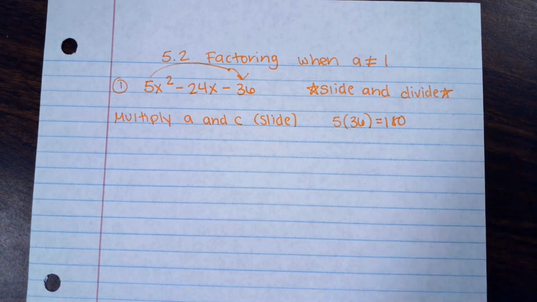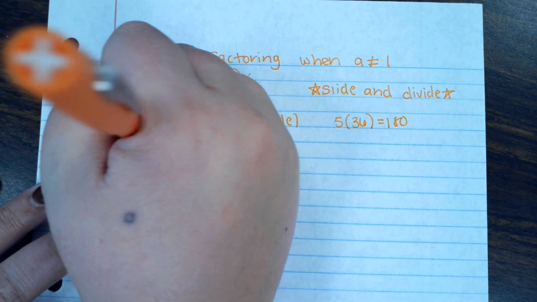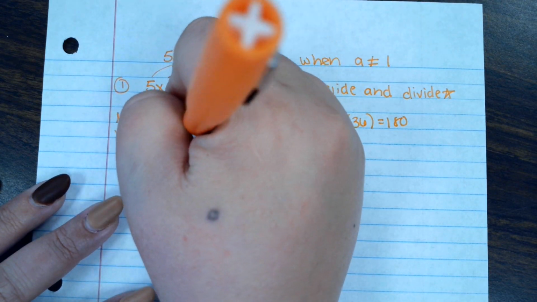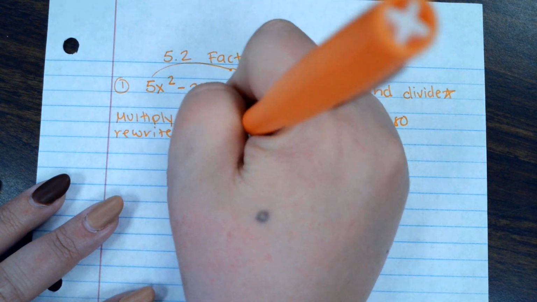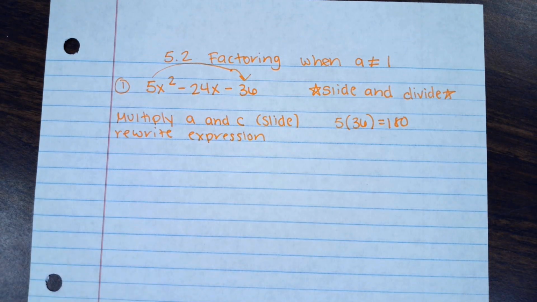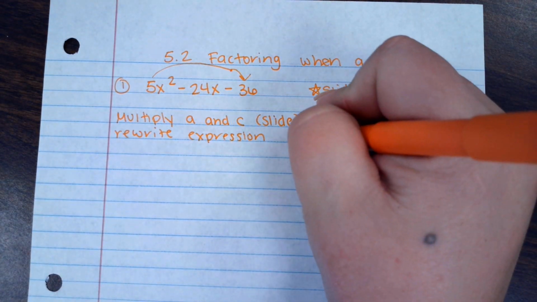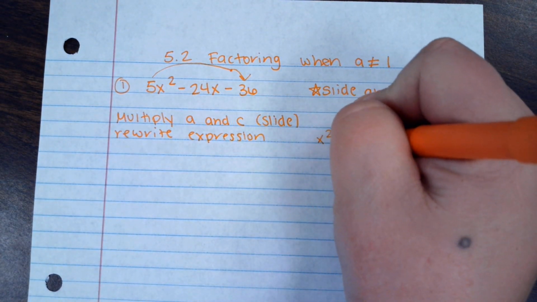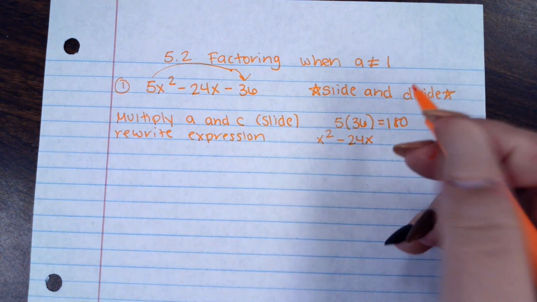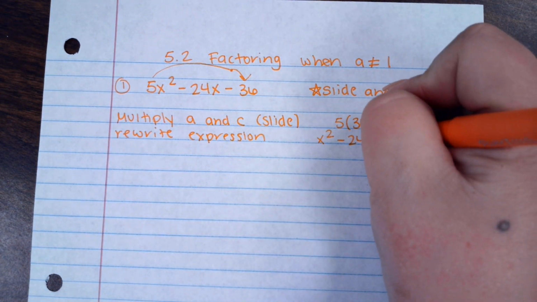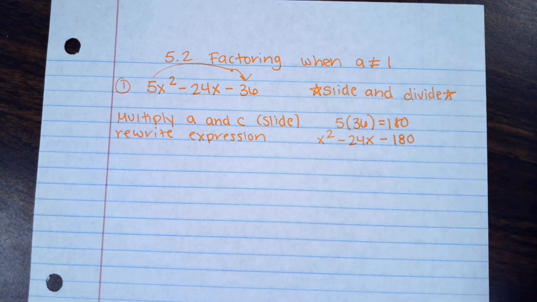That gives us 180. Then we're going to rewrite our expression, I should say, not equation. X squared minus 24x, and then we're going to use that A times C. So minus 180.